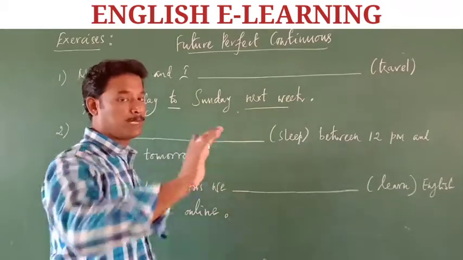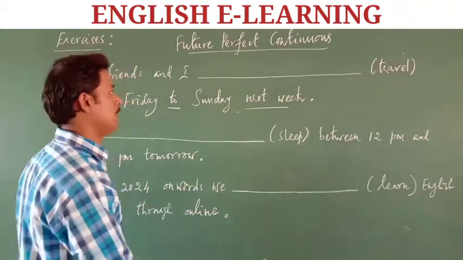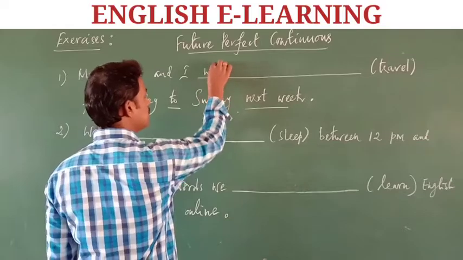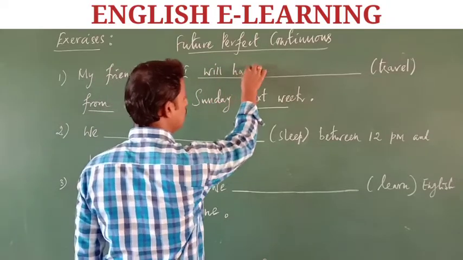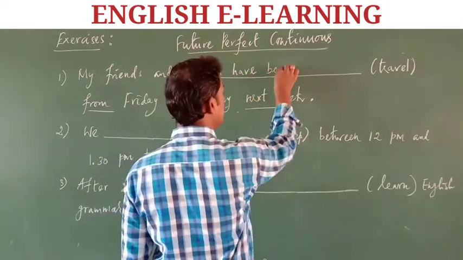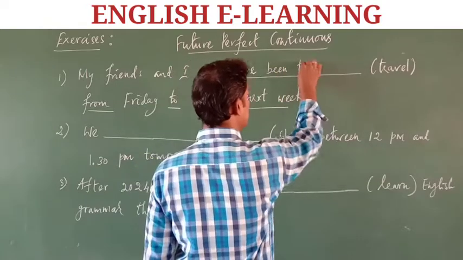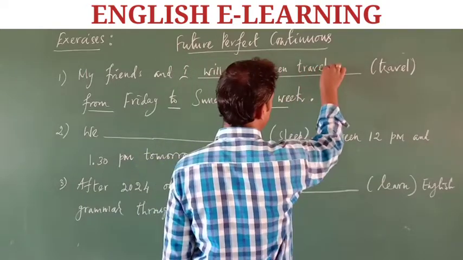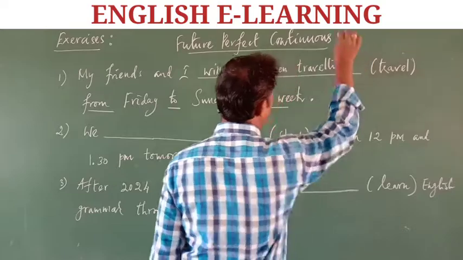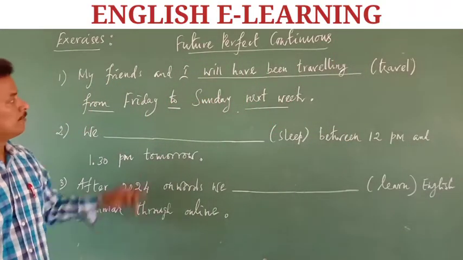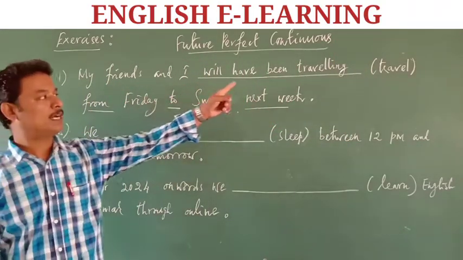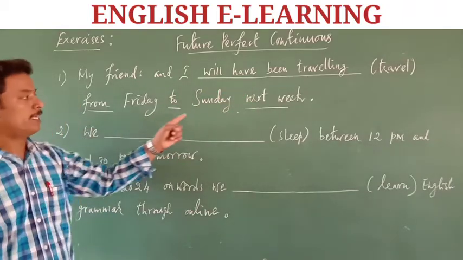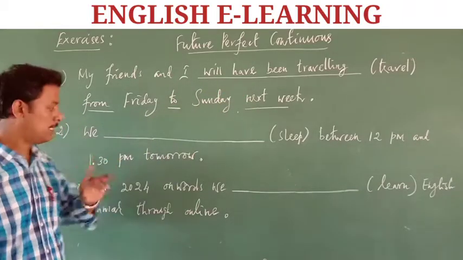There is no passive voice. We must remember that. So answer is will, have, been plus verb plus ing, traveling. Okay, my friends and I will have been traveling from Friday to Sunday next week.